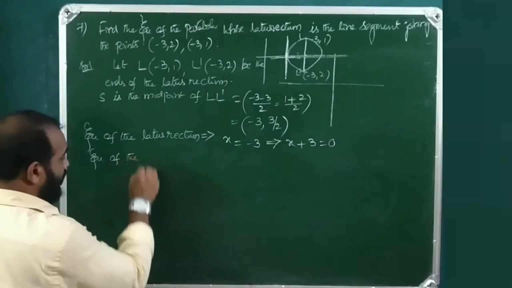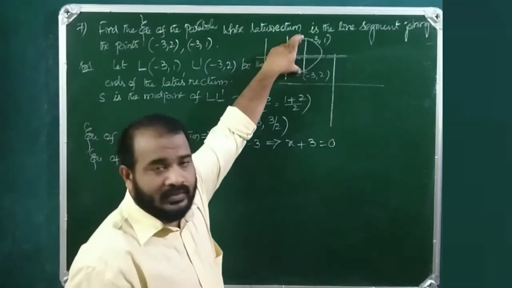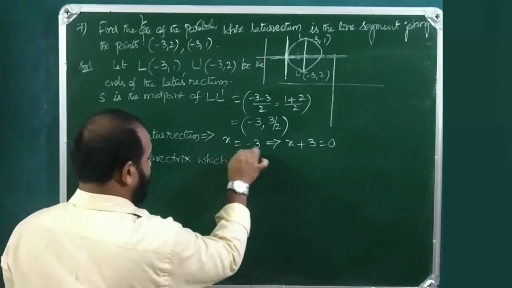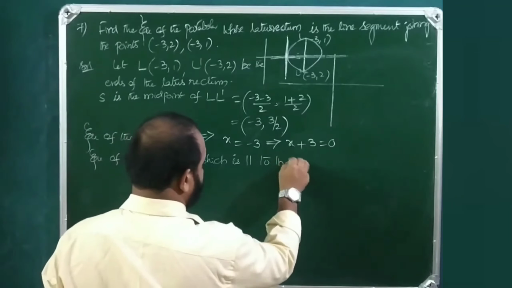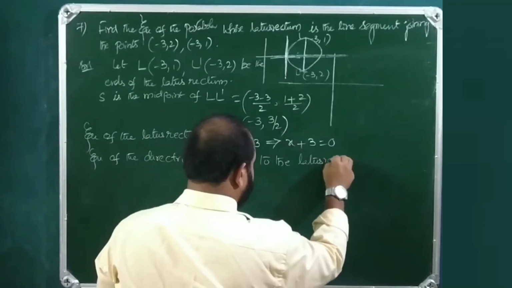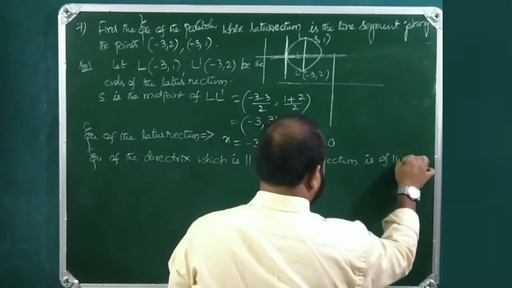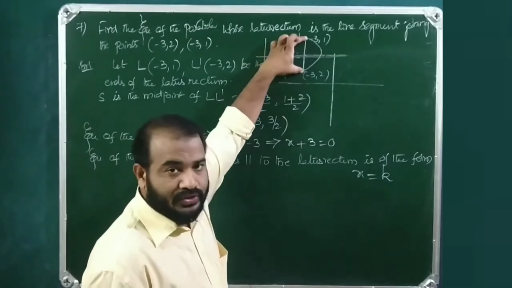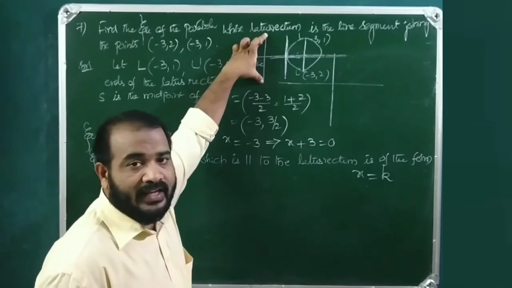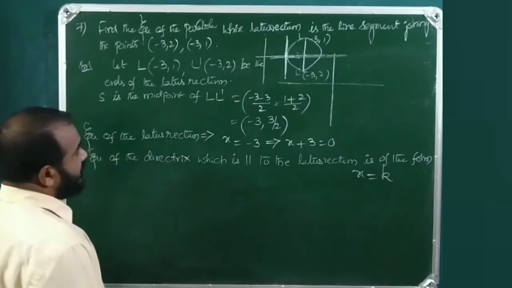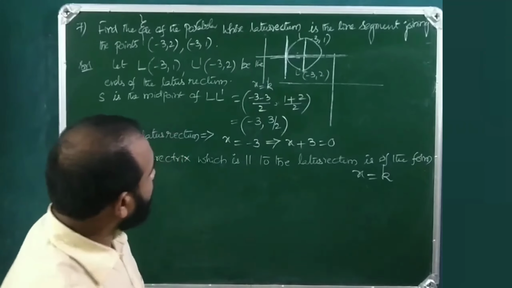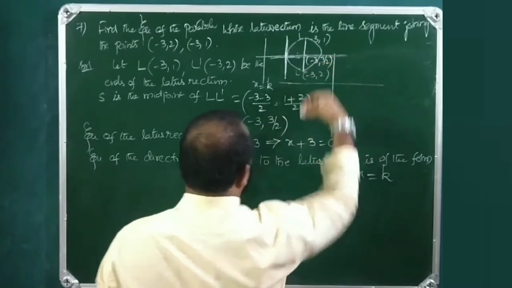So the equation of the directrix, which is parallel to the latus rectum, is of the form x equals k. The latus rectum is x equals minus 3, with S at minus 3 comma 3 by 2.